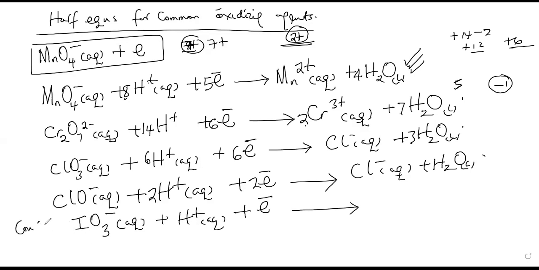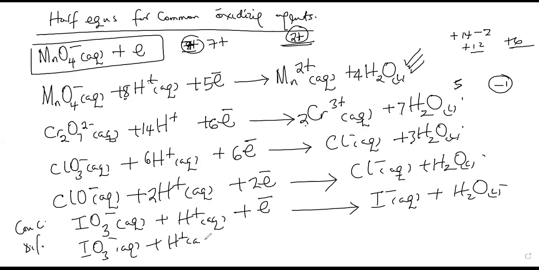If they have used the concentrated acid, the iodate will be reduced to iodide ion and we shall form water. But if dilute acid is used, the iodate ion will gain electrons. Now, the iodate is going to be reduced to iodine solution and water. So it has to be as a result of which acid they have used.